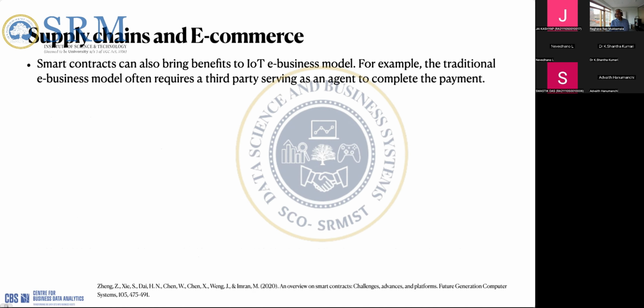Then supply chain and e-commerce. We have taken this example of the marketplace, right? E-commerce has been quite popular in the last 15 to 20 years after the advent of the internet. The next stage is that smart contracts will play a major role in the e-commerce system.